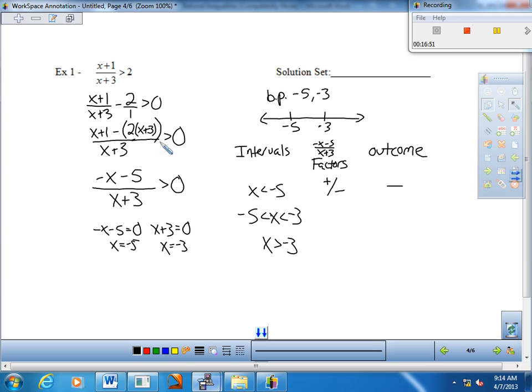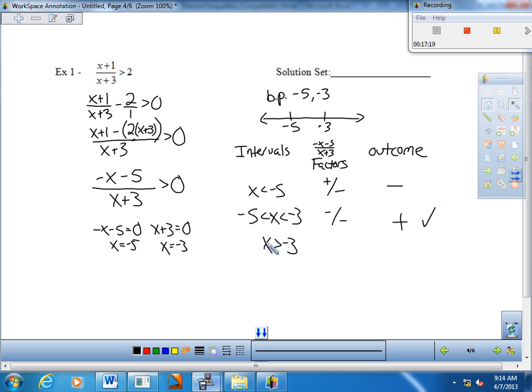We're looking for greater than 0. We're looking for positive. Hey, let's go ahead and pick something between -5 and -3. -4 works out nicely. Opposite of -4 is 4. 4 minus 5, that's negative. -4 plus 3, that's negative. And so I have a negative numerator, divide by negative denominator, it's positive. And yes, that's one of our outcomes.